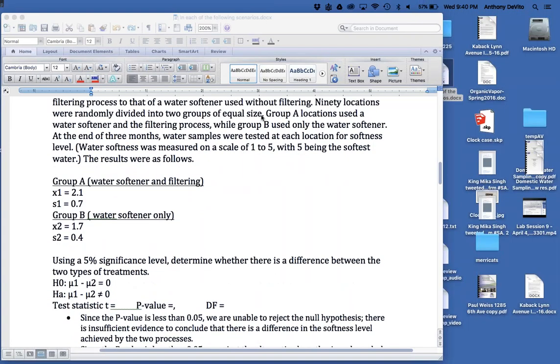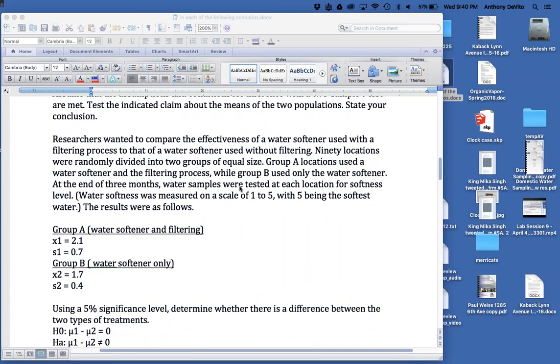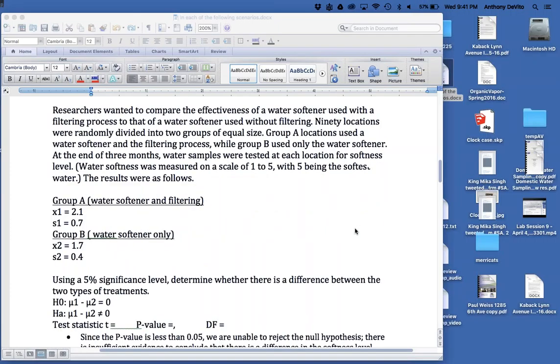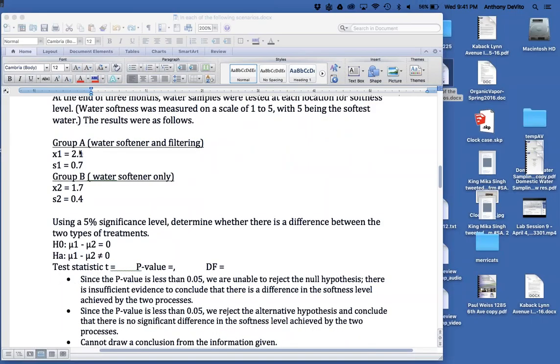Had we taken all 45 and operated all of them without a filter for 3 weeks and with a filter for 3 weeks, we'd have two columns of numbers after we tested them after each 3 weeks. And then we'd look at the difference between those and treat it as a paired sample. But in this case, it's 45 locations that had the filter and 45 different locations that didn't have the filter. Good. Non-paired.